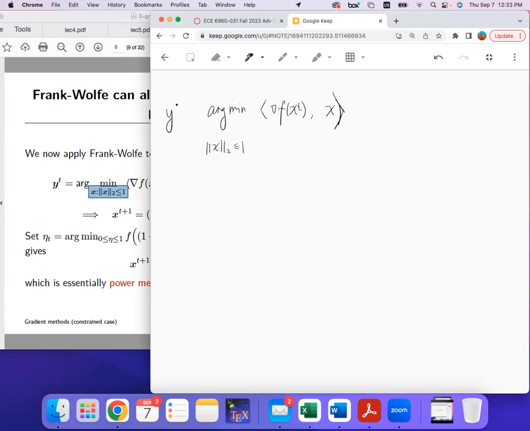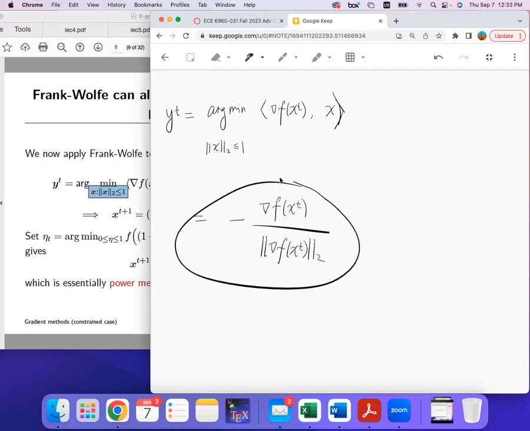This yt is simply the negative gradient, because the negative gradient is the most negatively correlated with the gradient, so it gives me the minimum value of this dot product. But I need to satisfy the constraint, so I just normalize it. This is the negative gradient vector divided by its length.